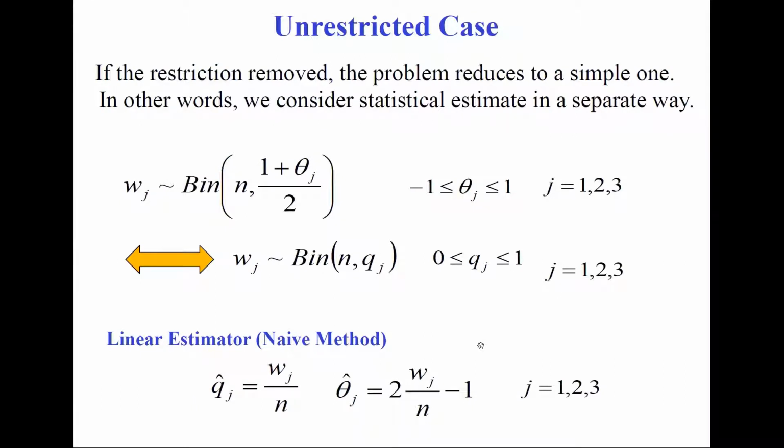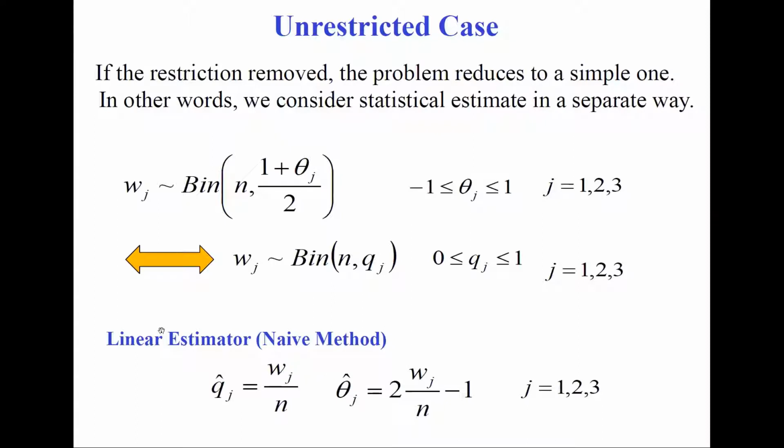And if we neglect the restriction, the problem reduces to a simple one. We only consider statistical estimation of each binomial distribution. And then we can easily estimate by the linear estimator.